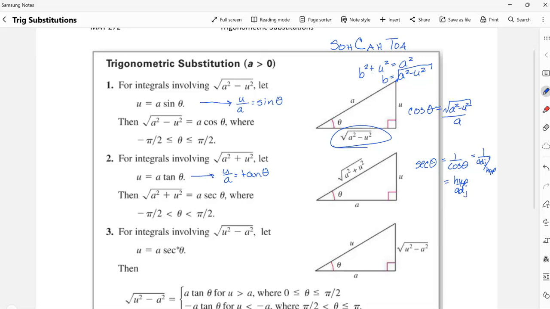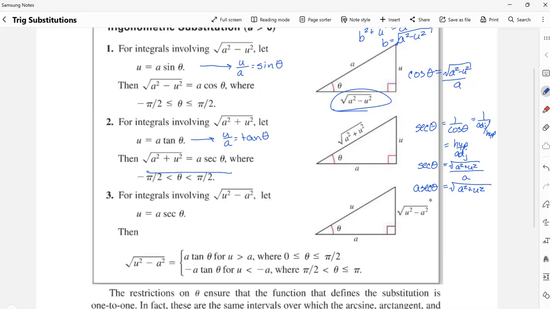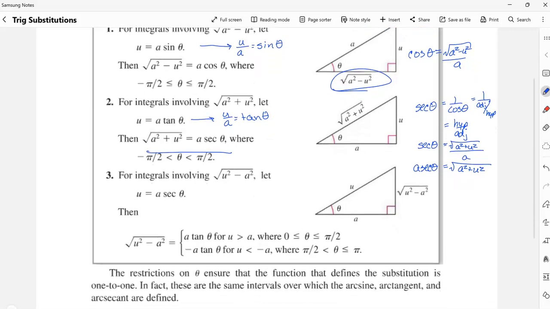So hypotenuse divided by adjacent in that triangle would be this. So that's equal to the secant. So if I multiply both sides by a, then that's where this substitution would come from, right here. And then we could do the same thing for this guy with secant.